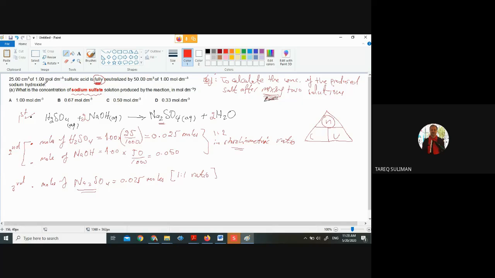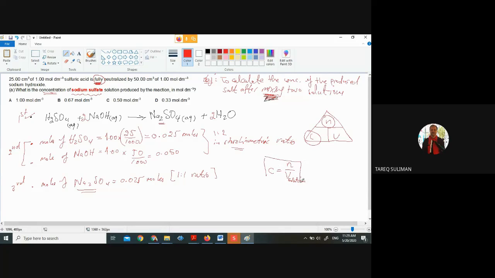I need the concentration of Na2SO4. What shall we do? Here we mix two solutions. So what happens? Always, the concentration of sodium sulfate equals the number of moles over the volume of what we call what? The volume of the solution.